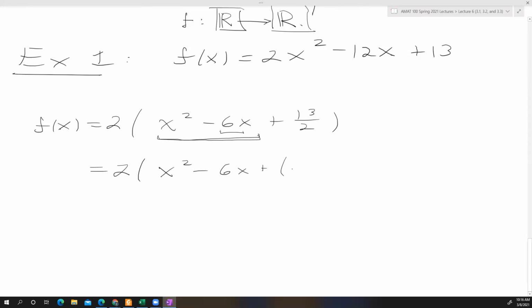So that will be -3, and then you square it. But then we need to subtract that off because we don't want to change the function in any way. And then we have to tack on this constant right here.